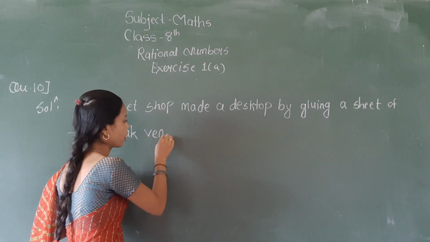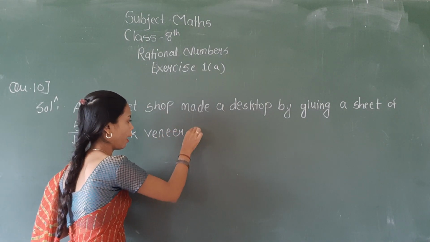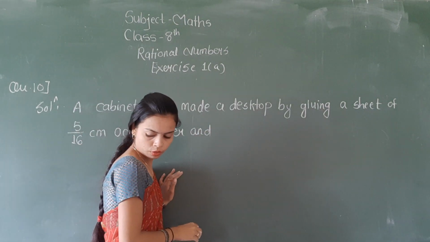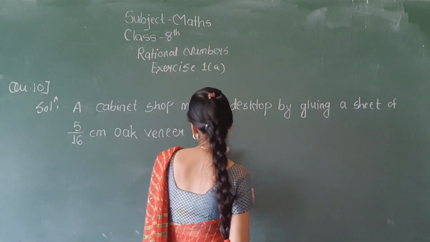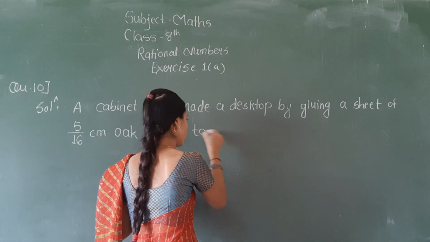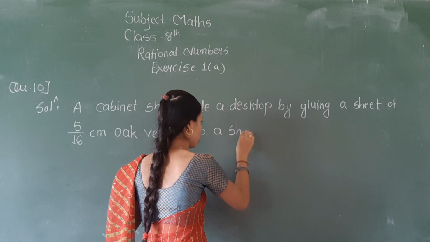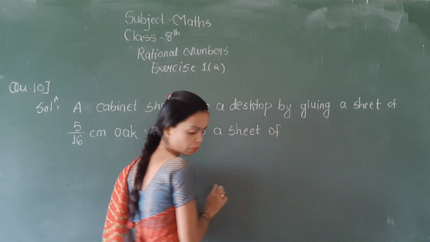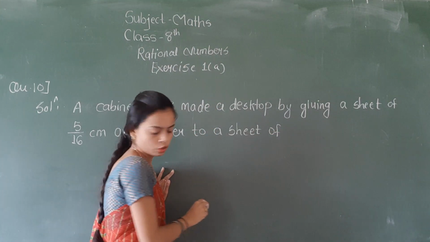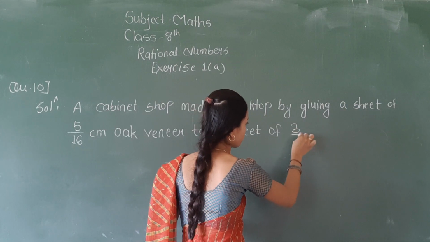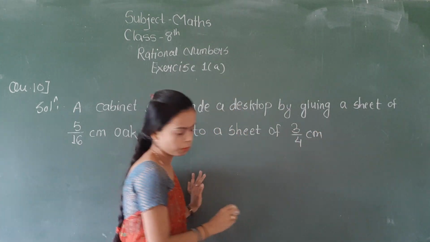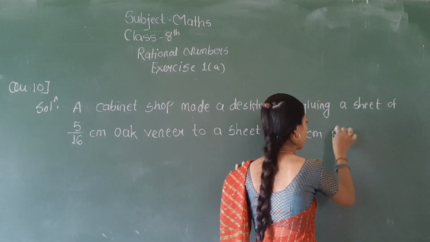Okay, and oak liner 2, क्योंकि इसके ऊपर रखा है तो oak liner 2, a sheet of 3 upon 4 centimeter plywood.